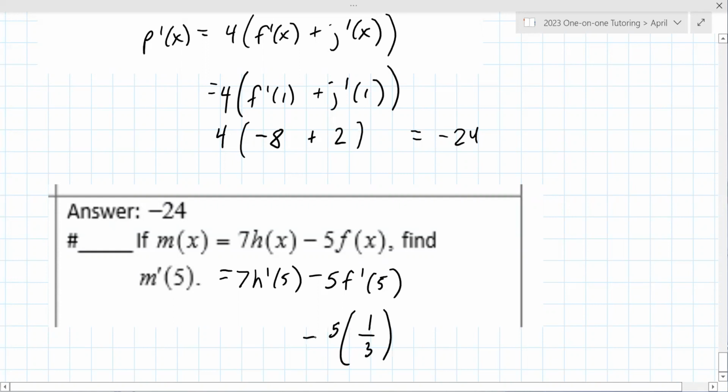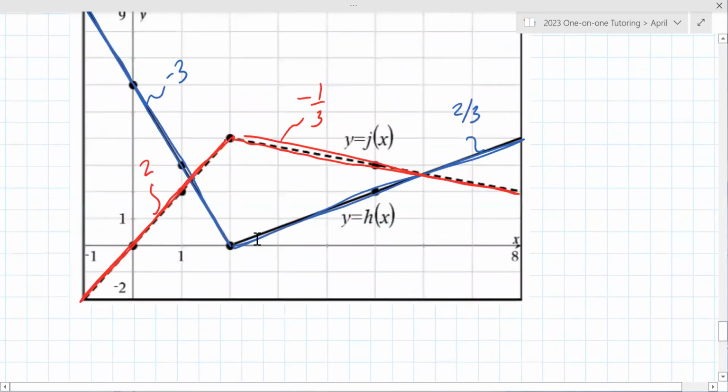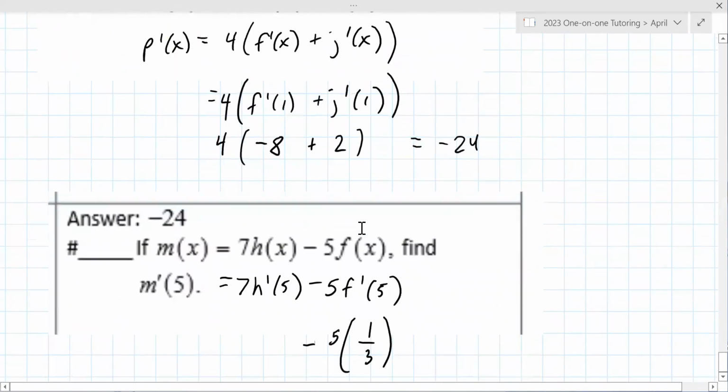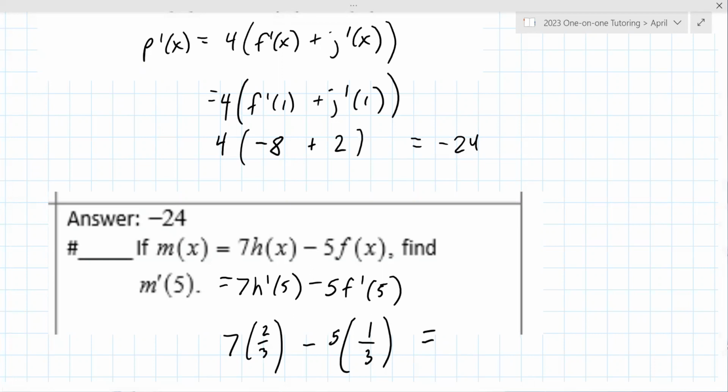And then h prime of 5, you've got to go back to the graph there, and you're looking at the blue here at 5. 1, 2, 3, 4, 5. So along here is the 2/3 along this section. So 7 times 2/3 minus 5/3 actually works out pretty nicely.